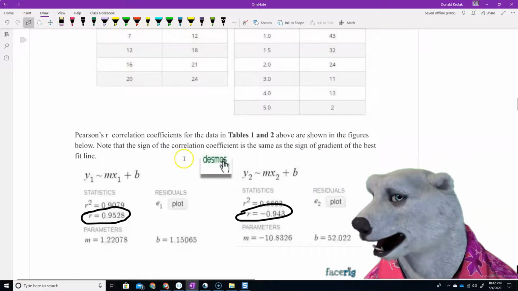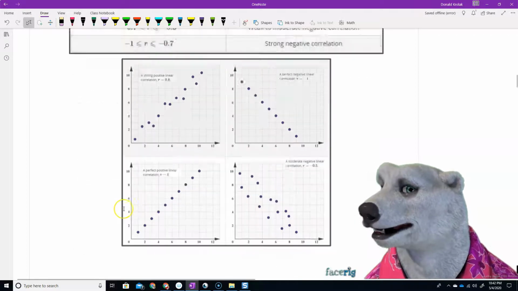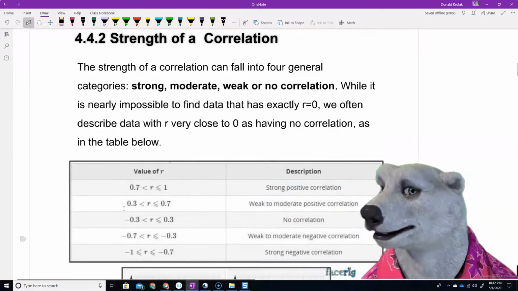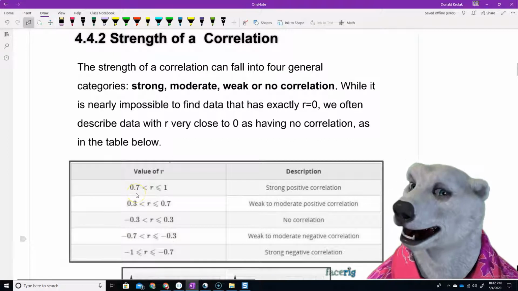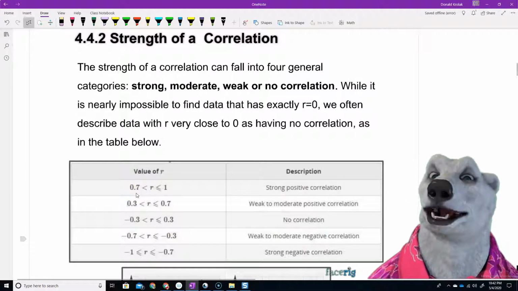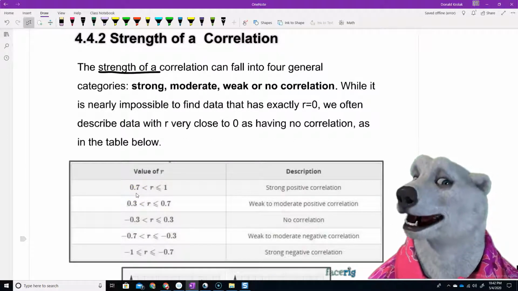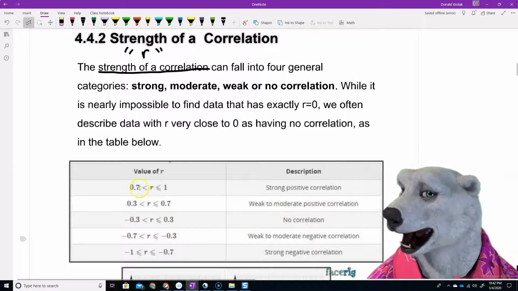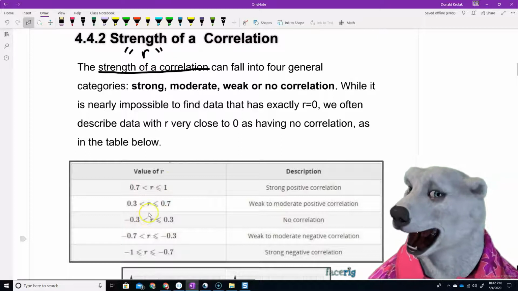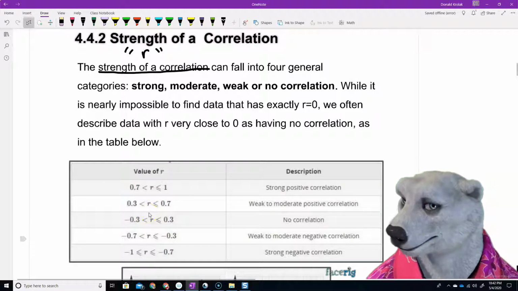So when you get that number, that tells you the strength of the correlation. That's the R number, the Pearson correlation coefficient. Now it can fall into four categories.